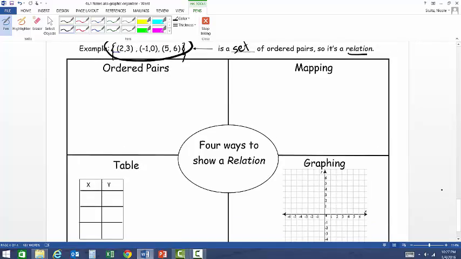Now there are 4 ways that you can show a relation. The first one is what you see in the example. I could actually just write out all the coordinates: 2, 3, -1, 0, and 5, 6.